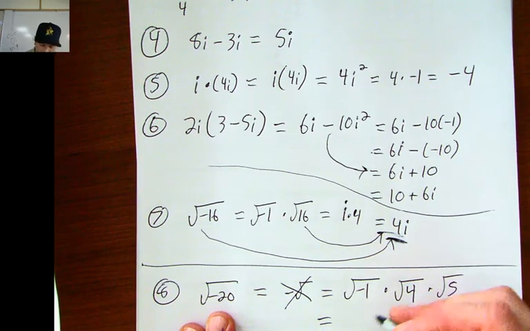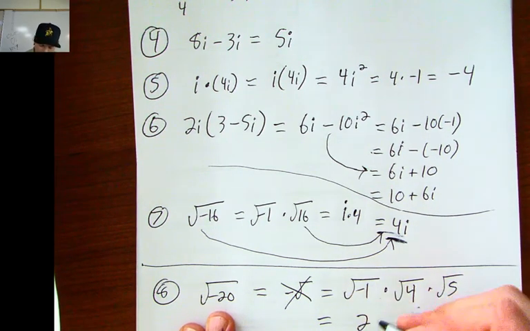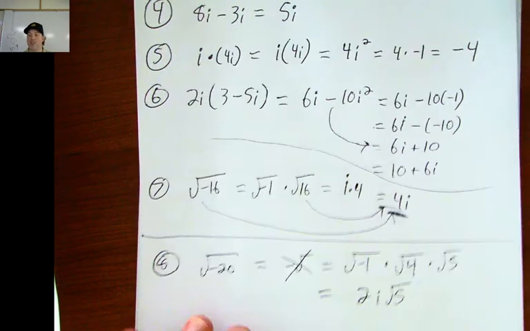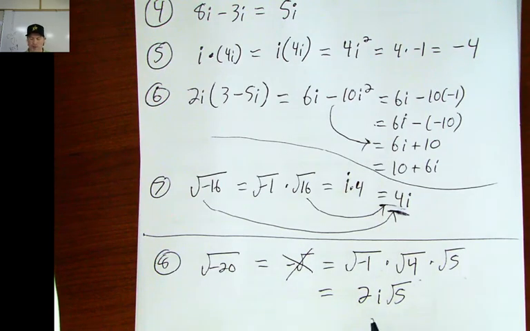The square root of 4 is 2. The square root of negative 1 is i. And the square root of 5, we don't know that square root, so it just stays root 5. So you put the real number first, then the i, then the root. That's just the way it is. I don't have a reason why. That's example 8. Any questions?